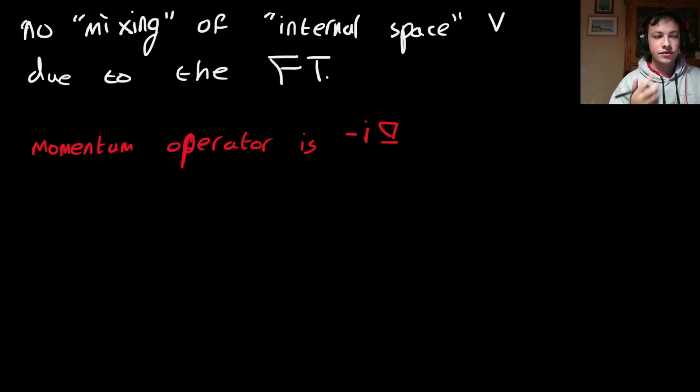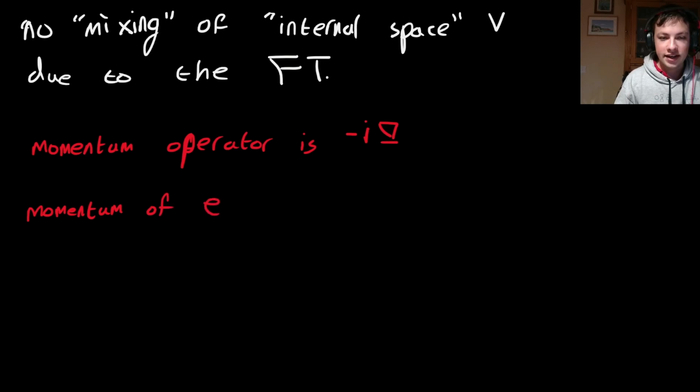For a general function φ of x, it's easy to compute, it's just a derivative, but it's not useful in that way. Whereas the momentum of e^(ik·x) is just k, right?